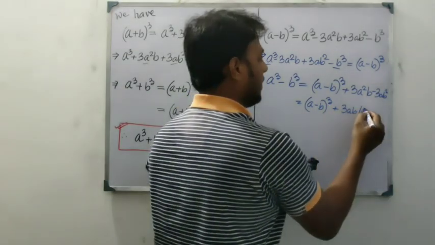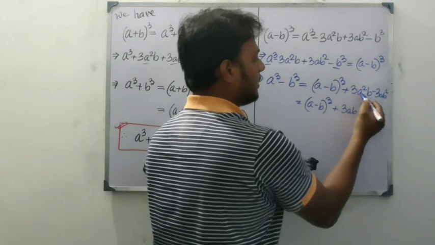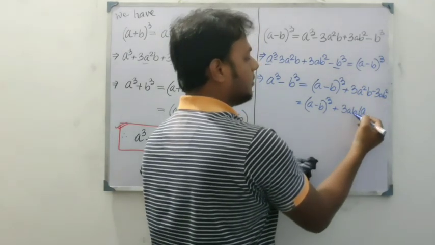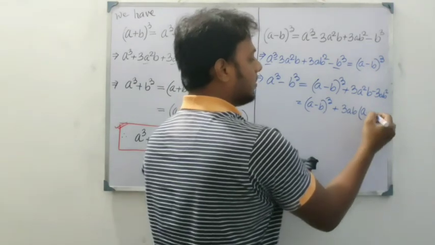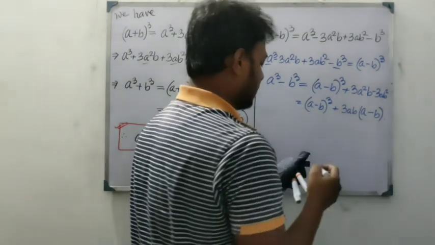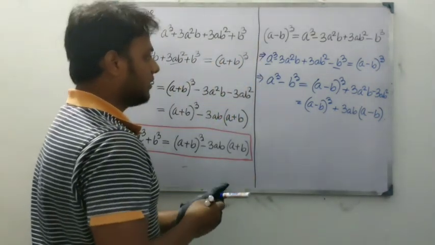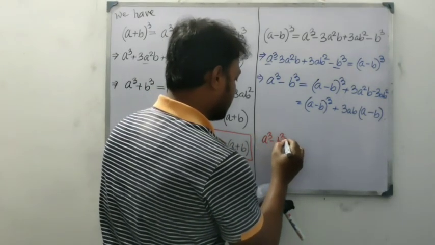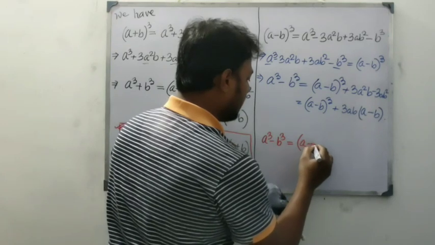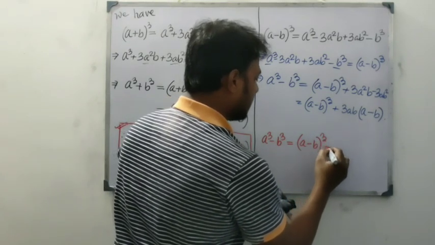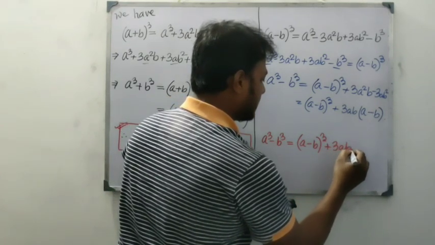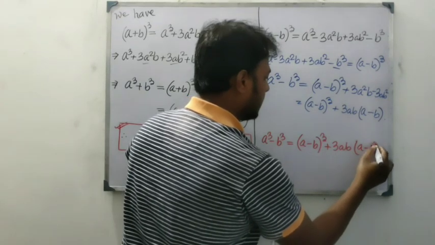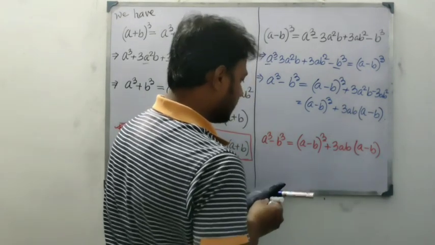For the first term, already 3a²b is there, and we have taken common ab, so a is left, and for the second, b is left. So finally we get a³ − b³ = (a − b)³ + 3ab(a − b). This one also you have to memorize.